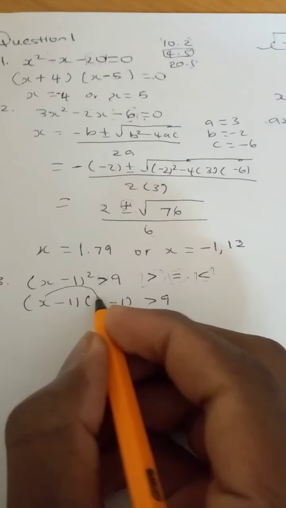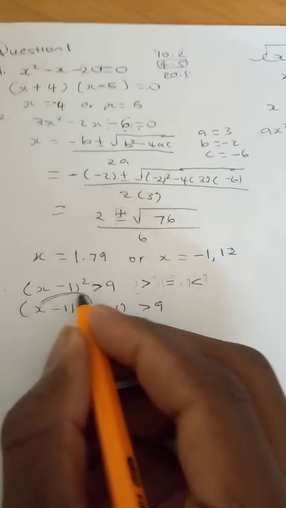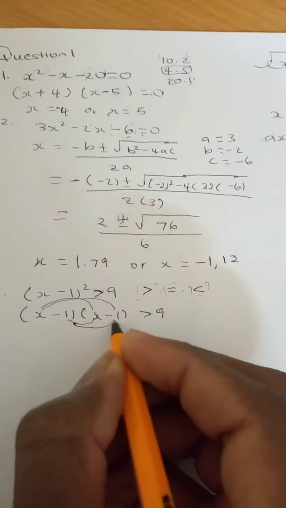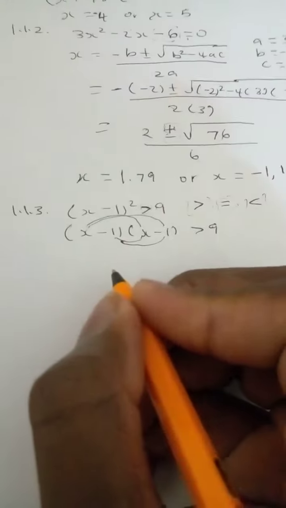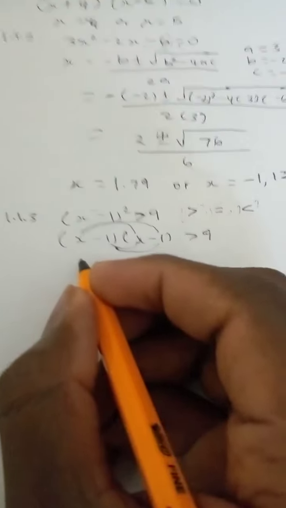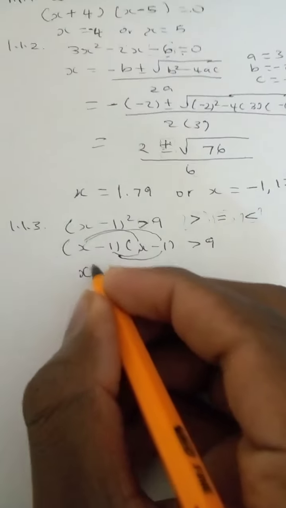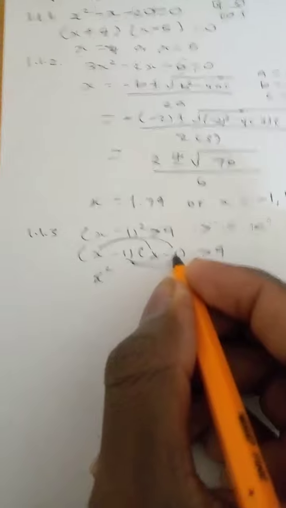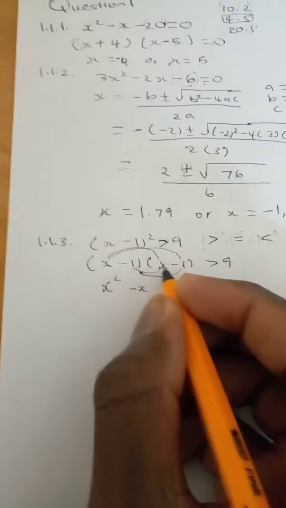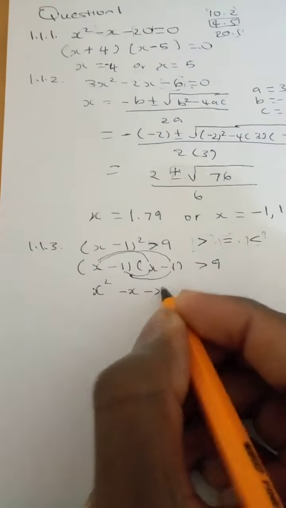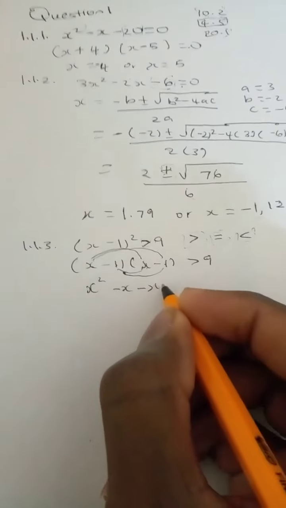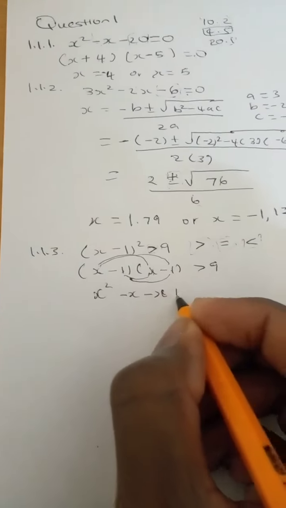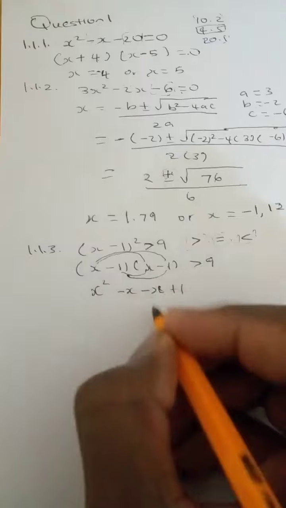Then you can easily apply the method whereby you do this multiplied by that, this multiplied by this, and so on, right? And then we see how much? We're seeing x multiplied by x is x squared, x multiplied by negative 1 is negative x, negative 1 multiplied by x is how much? It's negative x, and then negative 1 multiplied by negative 1 is how much? It's positive 1, because negative multiplied by negative is positive.